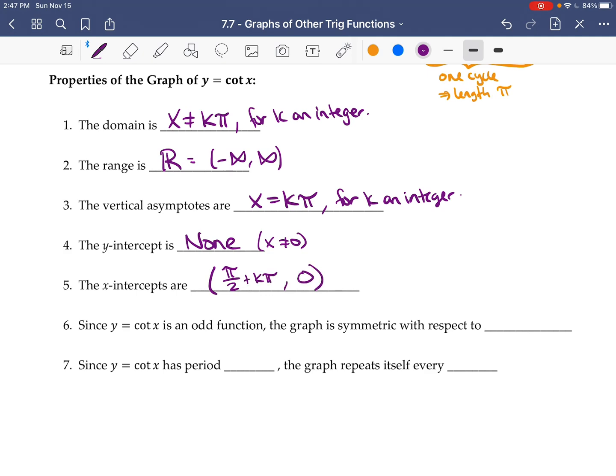And of course the y-coordinate is 0. Cotan, again, is an odd function, so it's symmetric with respect to the origin. Because sine is odd and cosine is even, that's why we get an odd function here. And it has period pi, just like tan. It repeats itself every pi, so every interval of length pi.